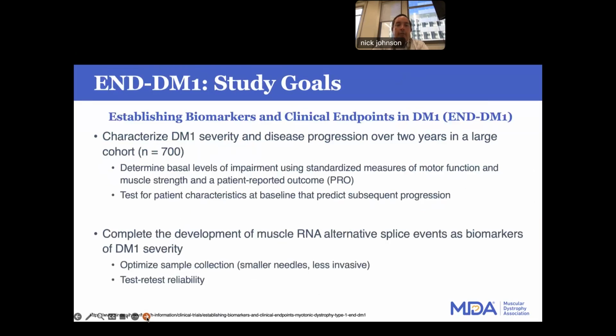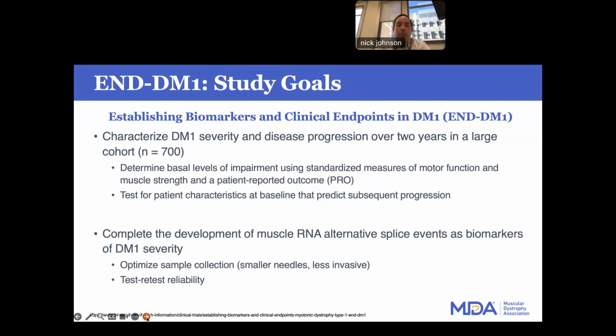And we do have several ongoing studies, which I'll show some data from. The largest is NDM1, which is a natural history study seeking to enroll 700 individuals and characterize their disease progression over a period of 24 months. I'm happy to say that we're well over 600 patients enrolled at this point and should be ending enrollment hopefully by the end of this fall.